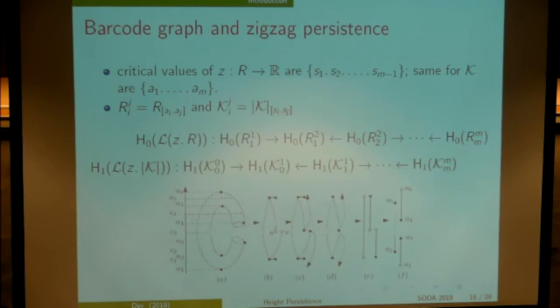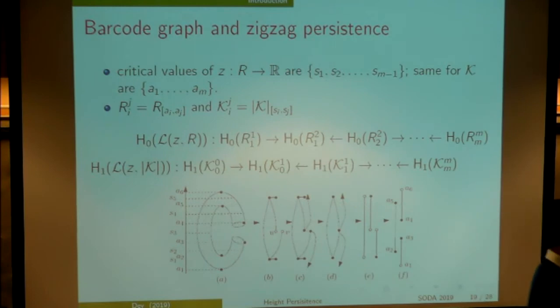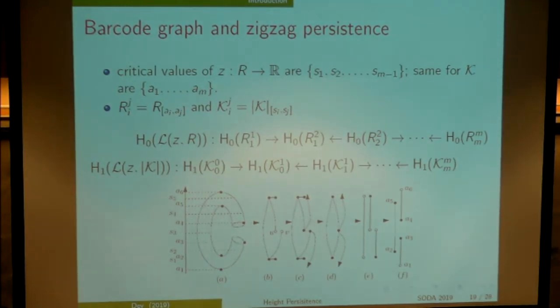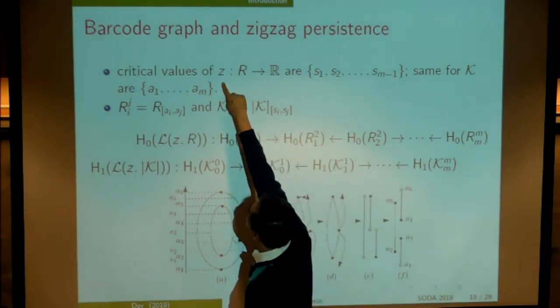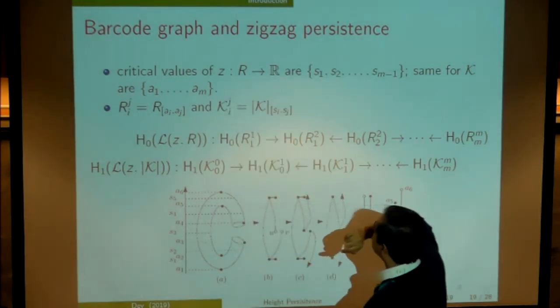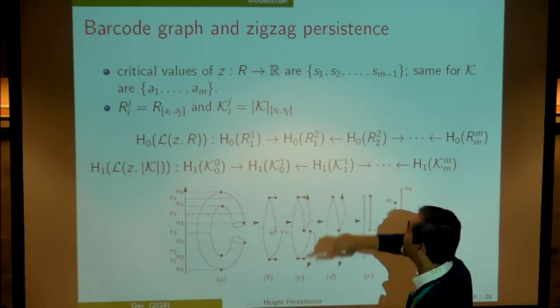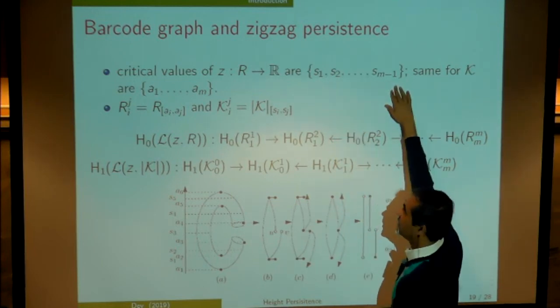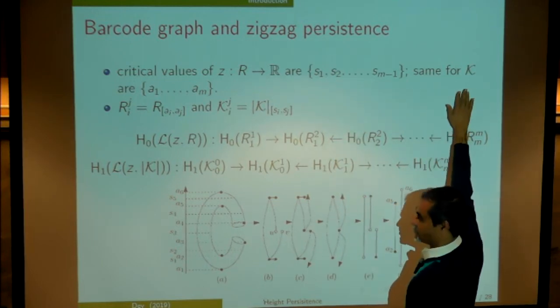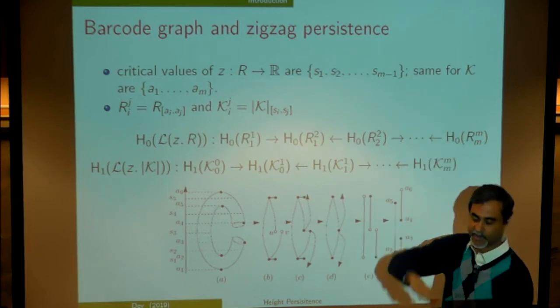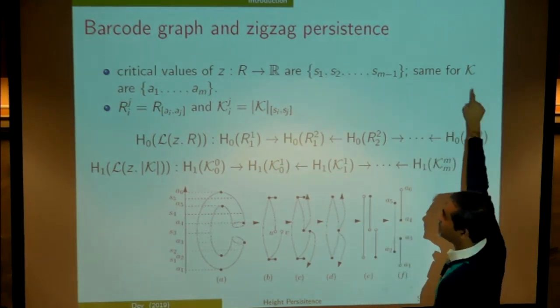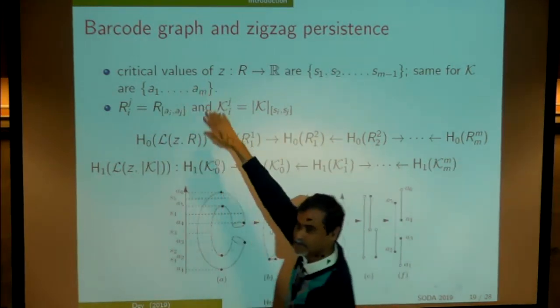Now in the barcode graph, I also have this function value z, because it mimics almost the height function everywhere. So this barcode graph also has a function value z from R to R. Its critical values, the vertices of the graph, are exactly at the intermediate values, whereas for the simplicial complex K, the topological space, the critical values are at the a_i's.